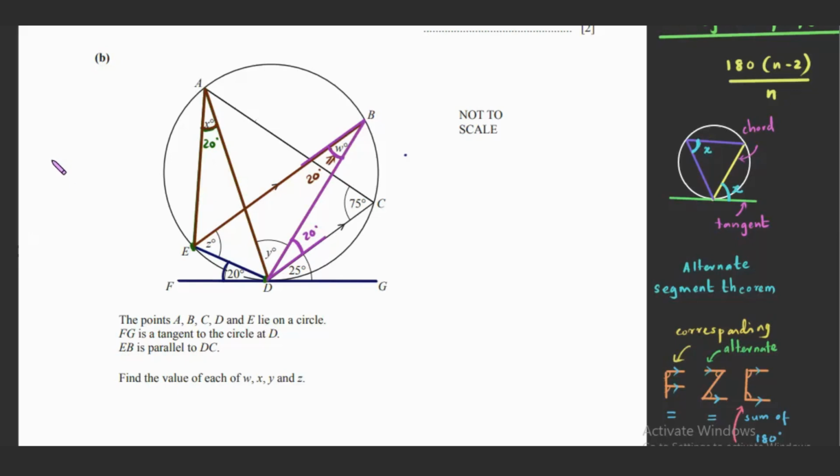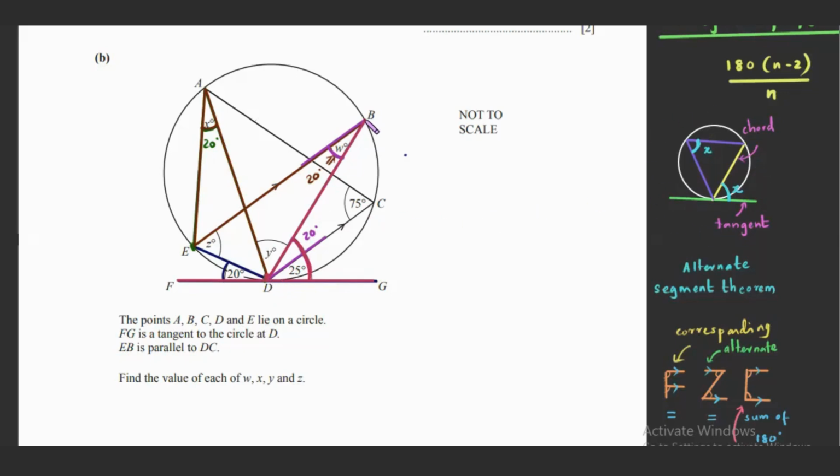Then the next thing that I'm going to do is, I'm going to consider this angle that we have here. So I'm going to draw the tangent here and I will draw the chord like this. So this is going to be the angle in between the tangent and the chord. So again, I'm going to make use of the alternate segment theorem.